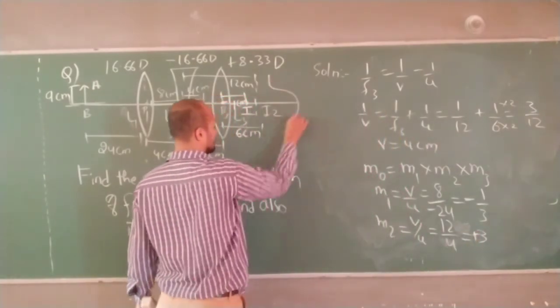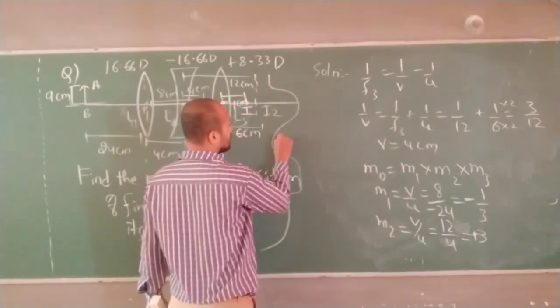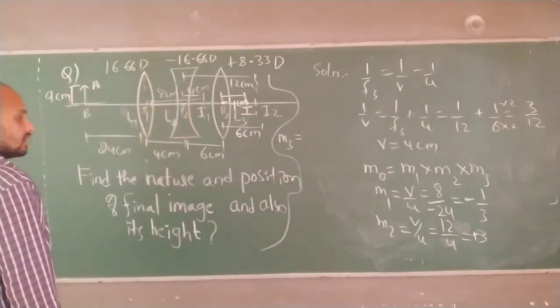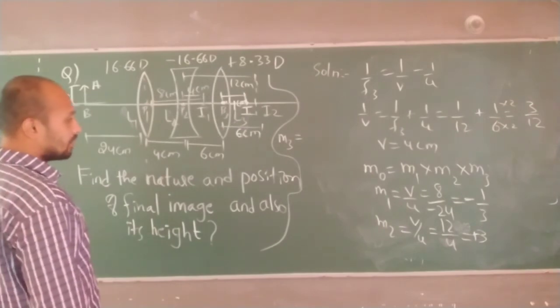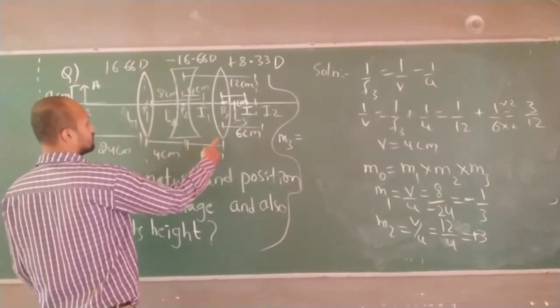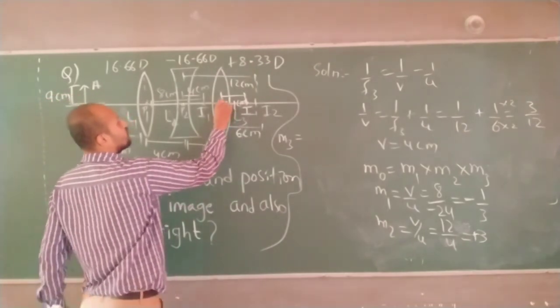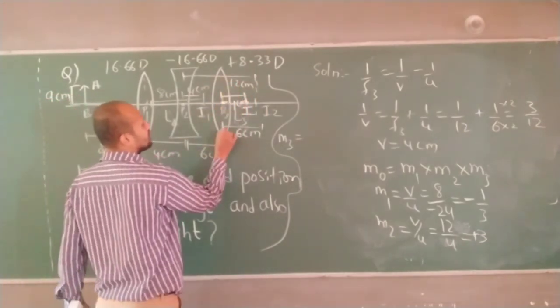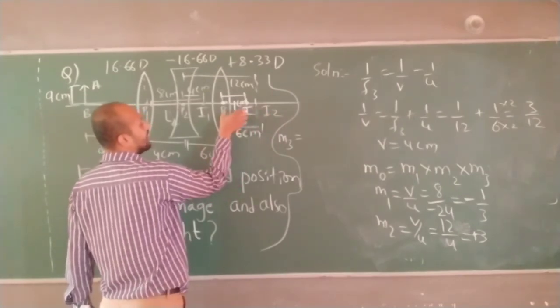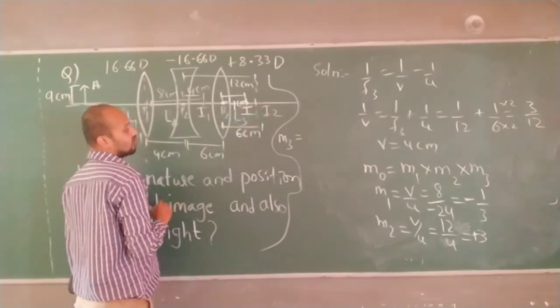Next, M3. What is that? M3 is what? For this, where was the object? I2 was the object. Where is the final image? 4 centimeter.